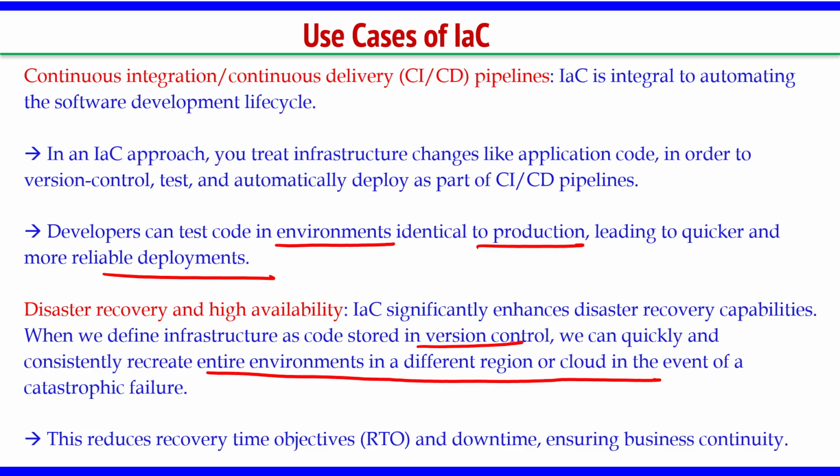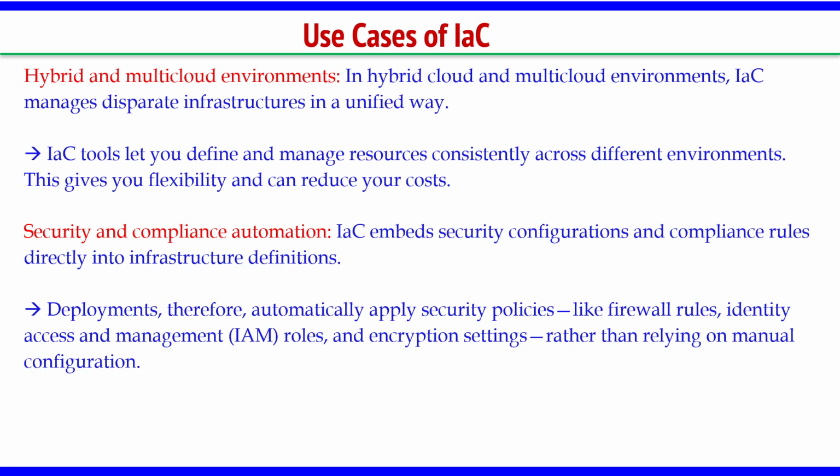If some problem comes in that, very quickly, within no time, I can go and create a same environment with the same script. So this reduces recovery time objectives, and downtime, ensuring business continuity. So this way also IaC helps us.